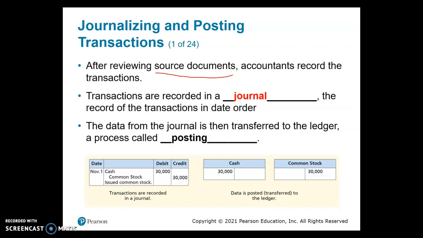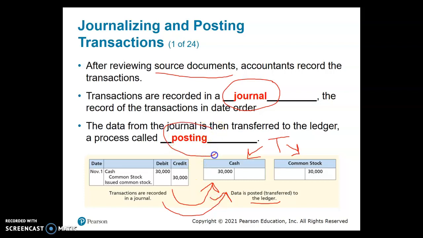You may have heard that term before. It's copying that information from the journal to the ledger. The T accounts right here, we've got two, the cash and the common stock T account. The T accounts represent the ledger. Copying the information over from the journal to the ledger, again, that term is called posting.